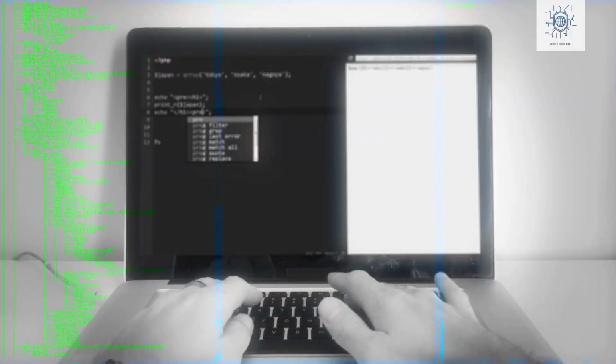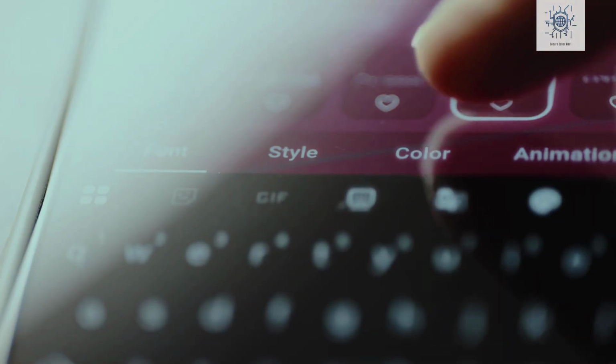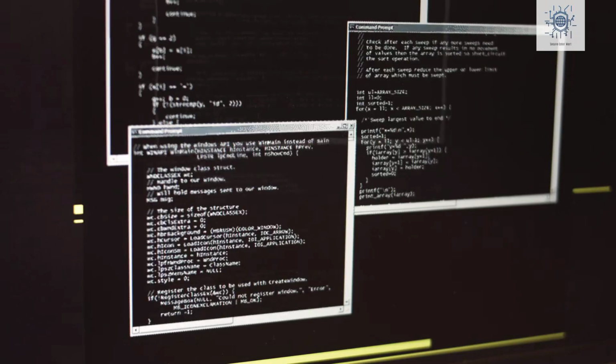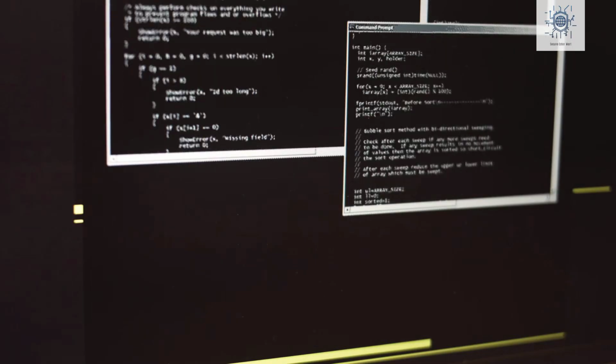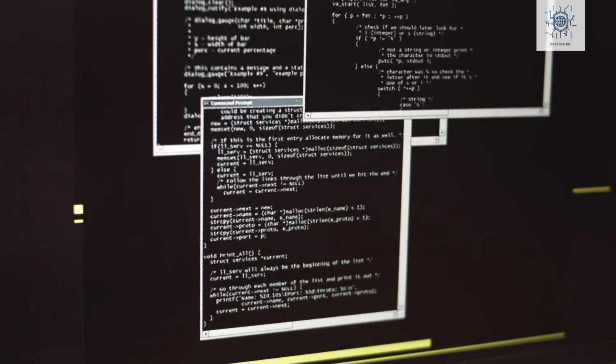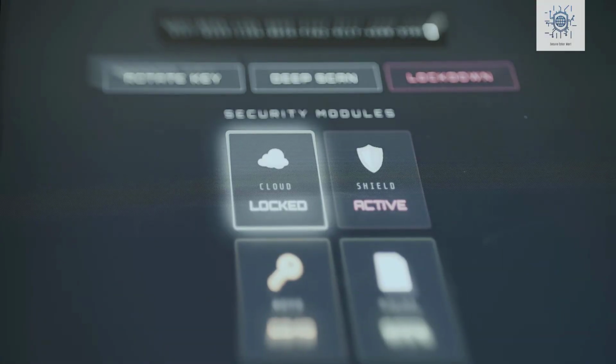Here is the base query. DeviceEvents, where ActionType is OpenProcessApiCall, where FileName is lsass.exe, where InitiatingProcessFileName is not svchost.exe, where InitiatingProcessFileName is not MsMpEng.exe. Three critical filters.